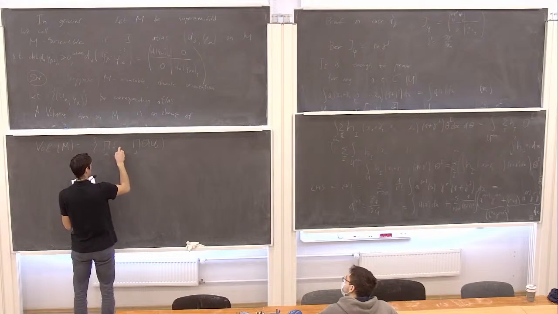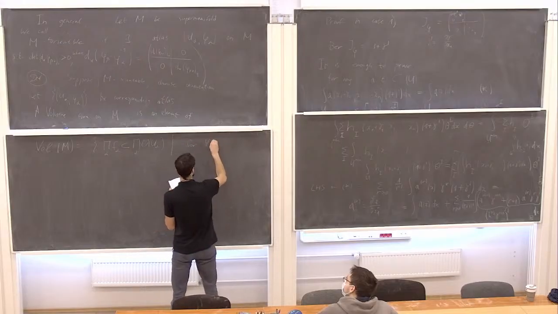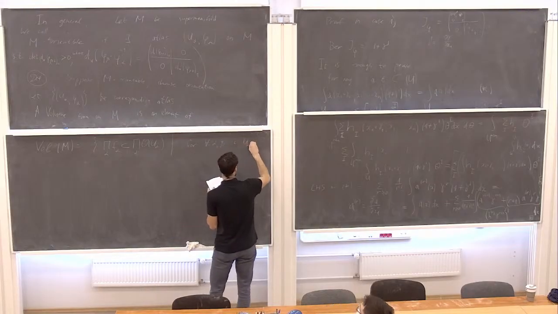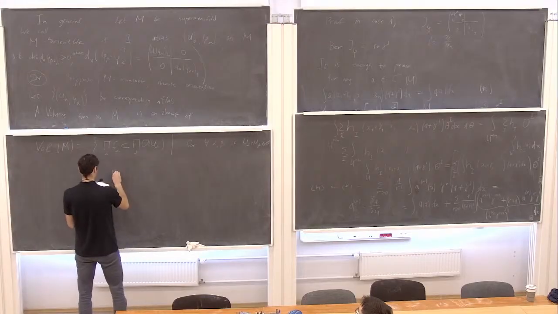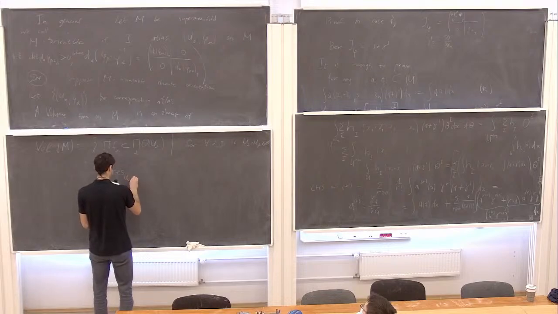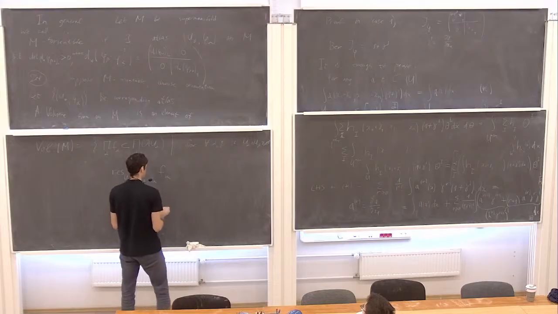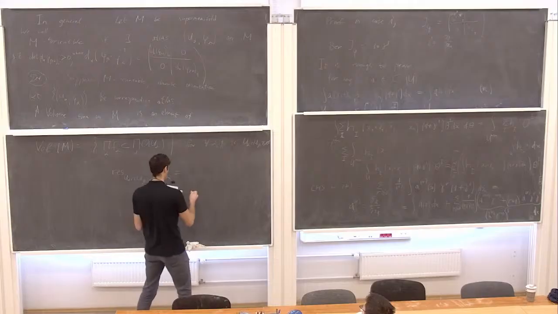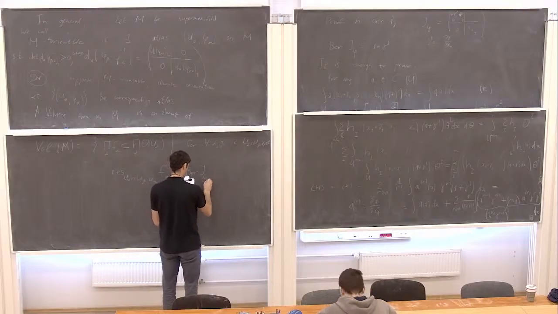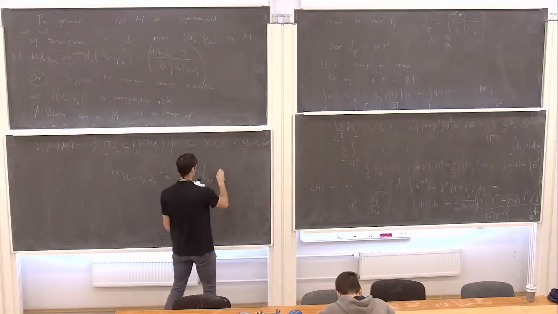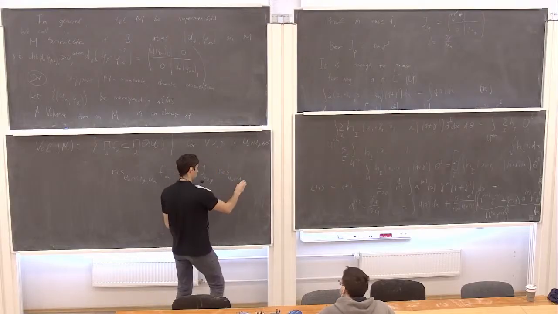I take some element in such a product such that for any alpha and beta such that the intersection of U alpha and U beta is not empty, we have this condition that the restriction of F alpha from U alpha to the intersection equals, up to multiplication by the Berezinian of J phi alpha beta, the restriction of F beta to the intersection of U alpha with U beta.